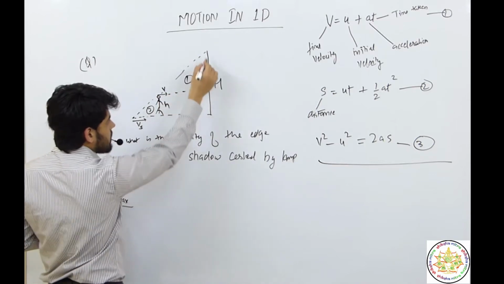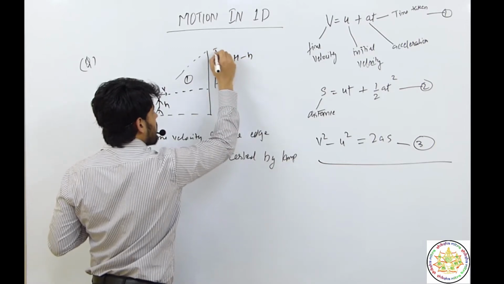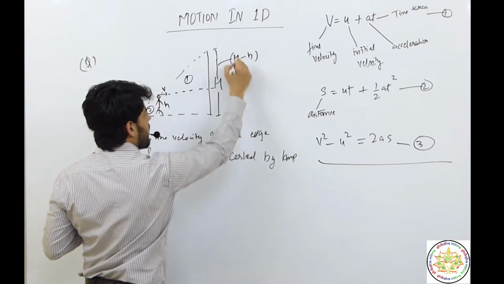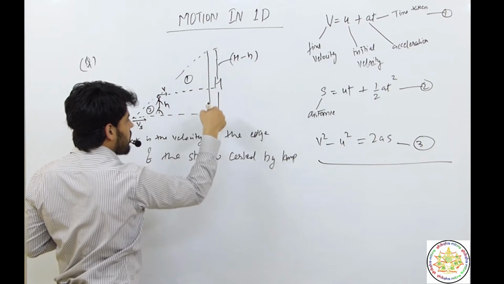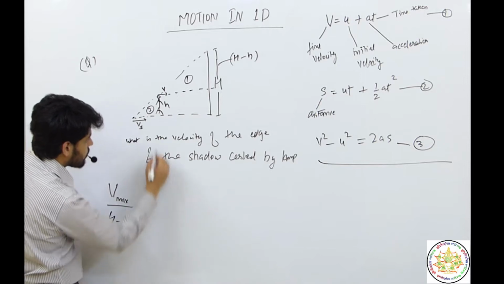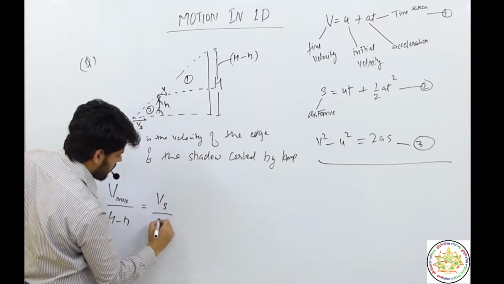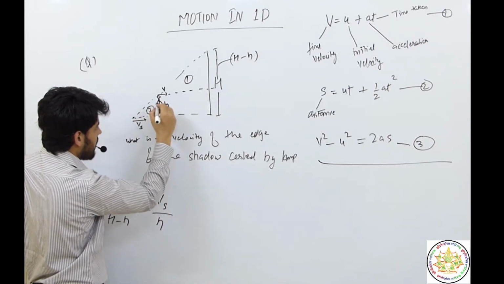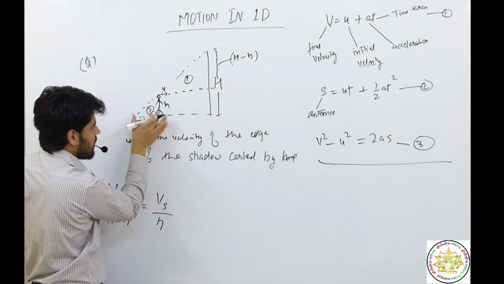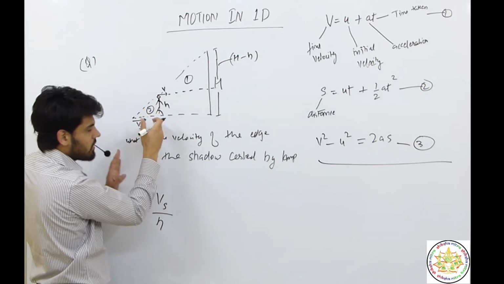The height will be the total height of the lamp minus the height of the man, H minus h, equals velocity of shadow divided by height of man, because in this triangle the shadow is cast at the point where the man is standing.